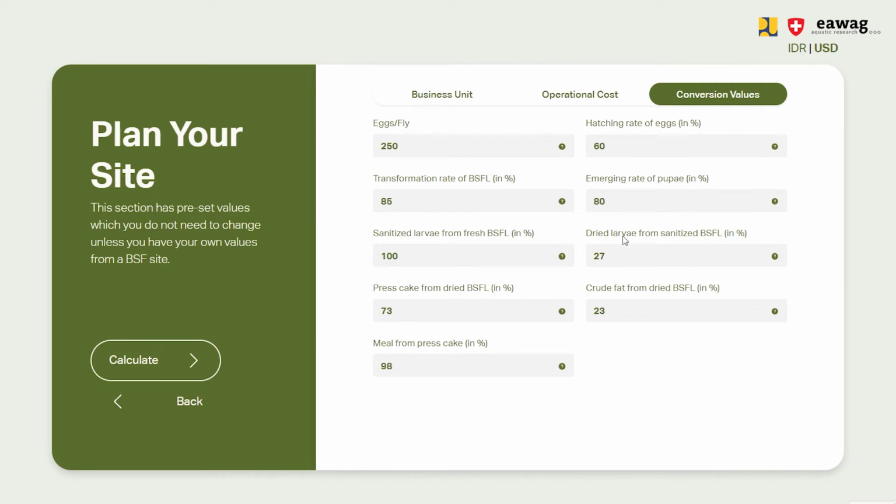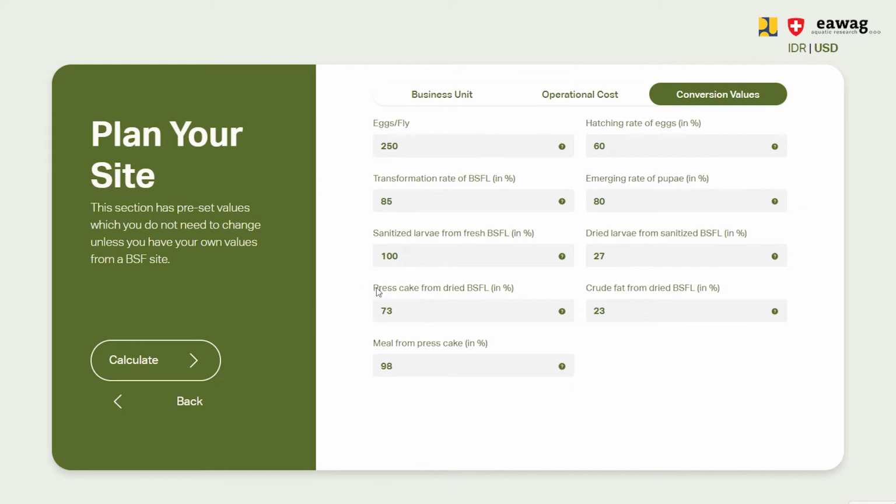Then we have dried larvae from sanitized larvae. Here we give you the value, again, an average at our pilot site, of the dried larvae as a percentage of the sanitized larvae. So from 100 kilograms of sanitized larvae, you can expect 27 kilograms of dried larvae to come out.